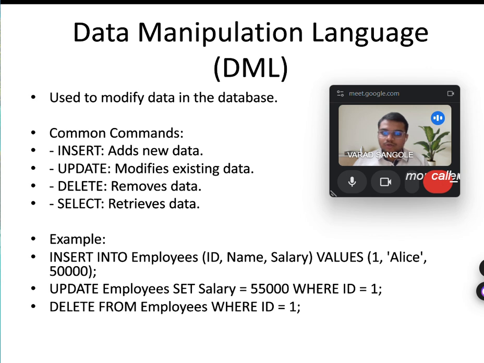We can use other columns also; we can use the name column here. Meaning we can write update employees set salary equal to 55,000 where name is equal to Alice. Similarly, here we are using the where keyword for delete also, for deleting the employees where ID is equal to 1. So this was all about the data manipulation language.